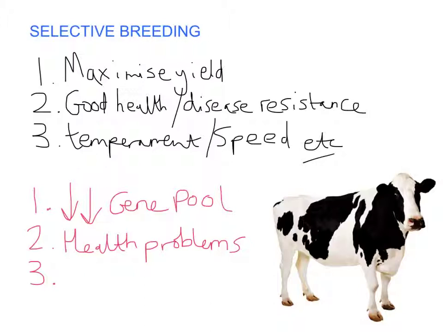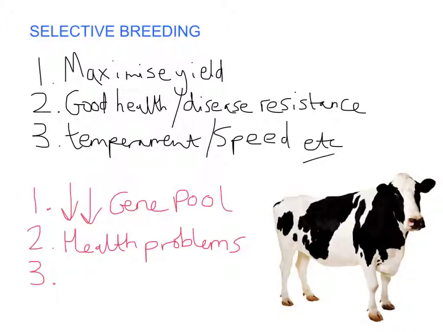The third problem with selective breeding comes from the fact that because there isn't much variation and the stock are closely related to one another, if a new disease appears that seriously affects one, it most likely is going to affect them all. Others will succumb to it because there is so little variation between them. If one is susceptible, then in theory all the others could be.